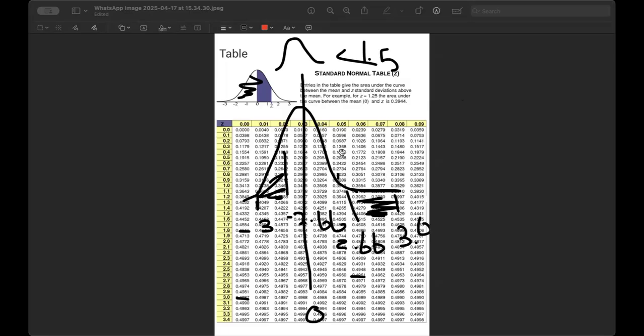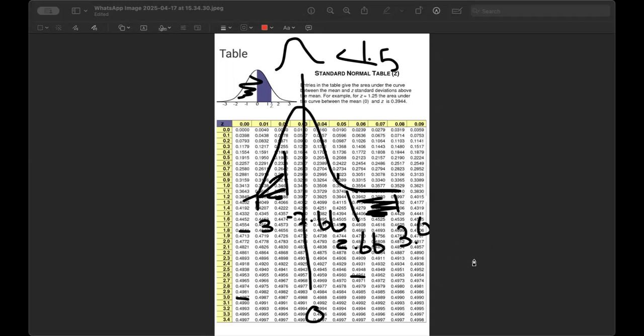We can't read this region from the right side because we don't have the negative values, only positive values. So where is the symmetric region? 0 to positive 2.37.